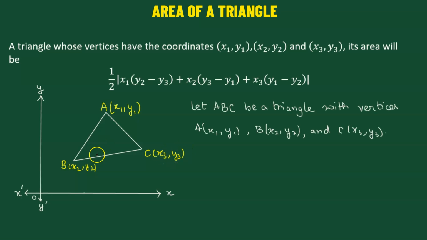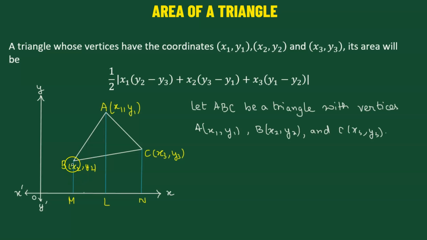Next, we'll do a construction. From each of the vertices, we're going to drop a perpendicular on the x-axis. Let's suppose the perpendicular dropped from vertex B on the x-axis meets it at the point M. The perpendicular drawn from vertex A meets the x-axis at L, and the perpendicular drawn from vertex C meets the x-axis at N. Now immediately we can see that we get trapeziums.